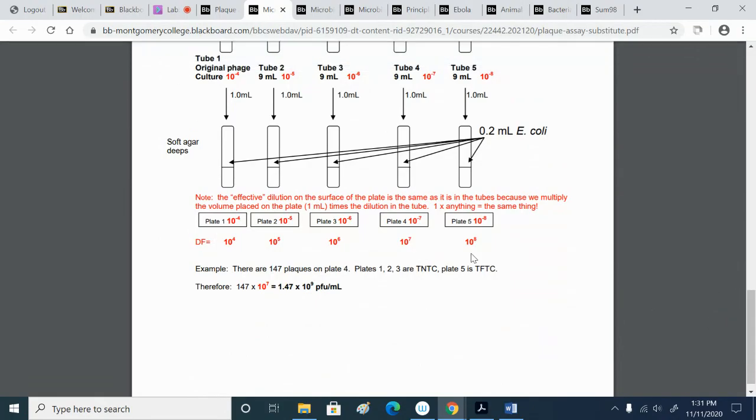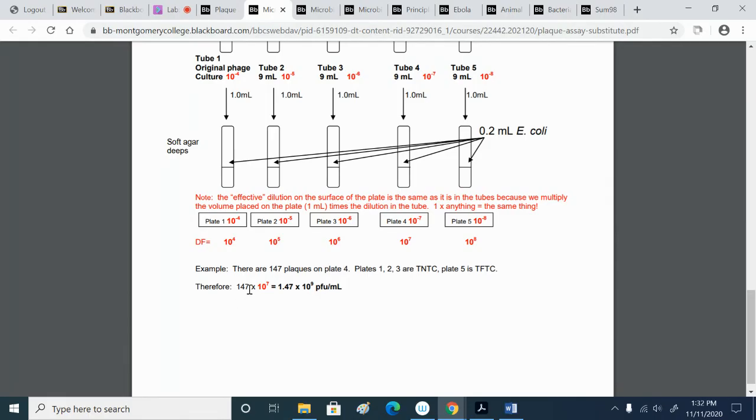So you examine the plates. Your number of plaques needs to be between 30 and 300. Count those plaques, multiply by the dilution factor of the plate, and then put the number in proper scientific notation. So I've given you an example. There were 147 plaques on plate number 4. Plate number 4 has a dilution factor of 10 to the 7.